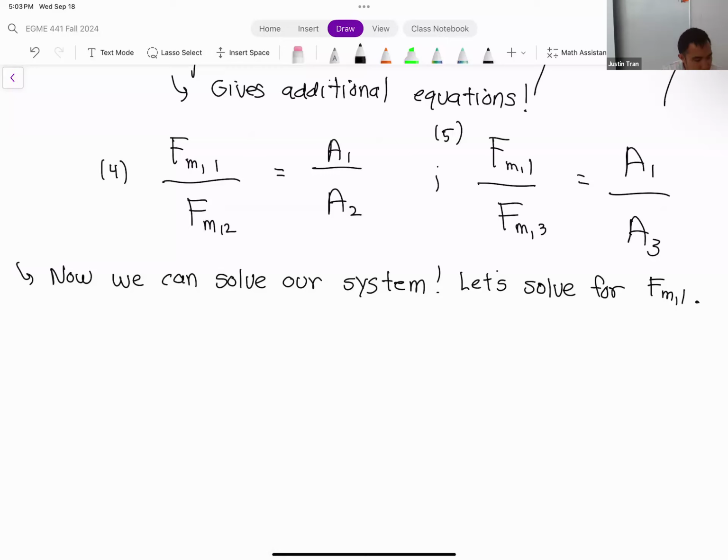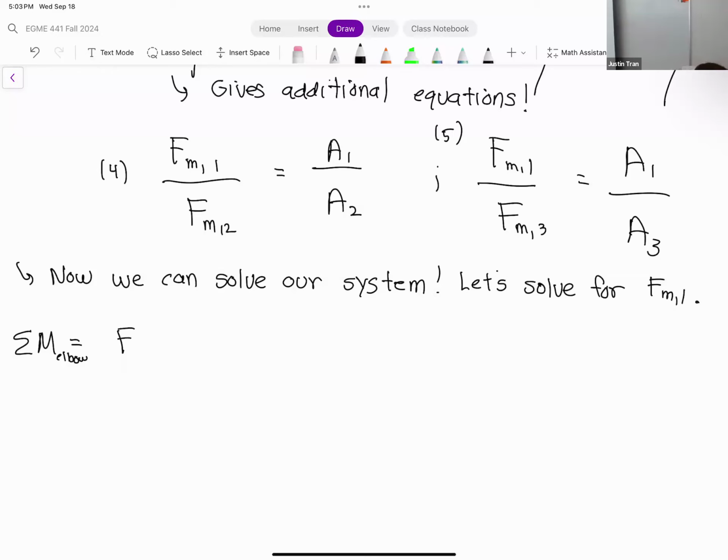The way we're going to do this is let's start with the moment equation, because we already know that the moment equation doesn't have any of the joint reaction forces. So let me write that down again. We have the sum of the moments around the elbow joint.